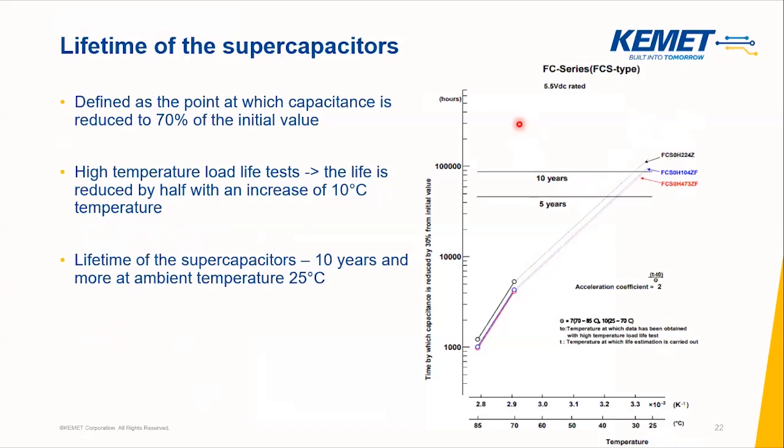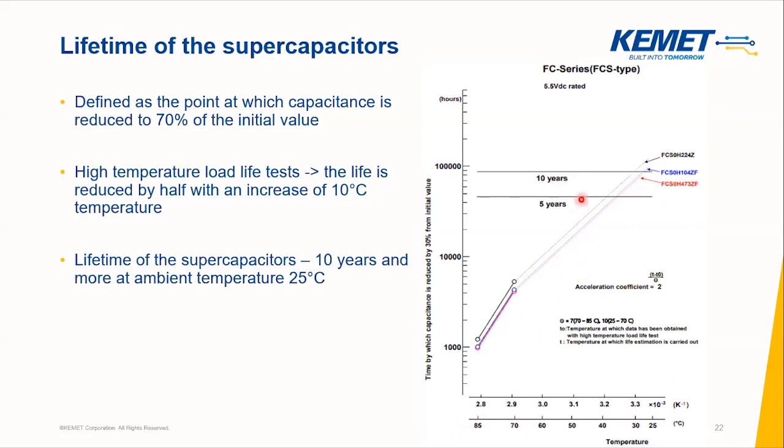If you look at one of our FC series, for some values you can see here, when the temperature increases by 10 degrees, the life decreases by half, because the acceleration coefficient is 2 to the power of (T minus T0) over tau, where tau is 10 for 25 to 70 degrees. For the higher range, 70 to 85, it is 7.